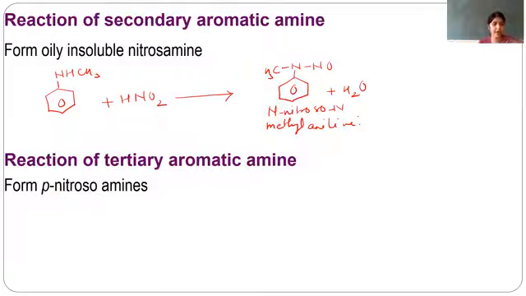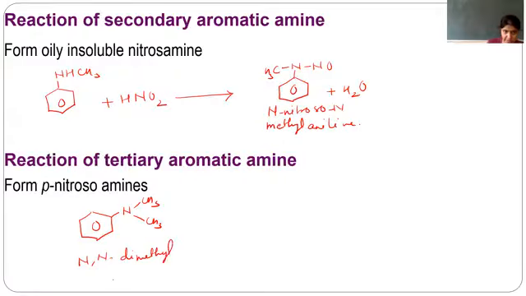This compound is formed. Similarly, reaction of tertiary aromatic amines. Tertiary aromatic amines like N,N-dimethylaniline. This is a tertiary amine. When N,N-dimethylaniline reacts with nitrous acid, it is converted into a nitroso compound, and the nitrosation reaction occurs at the para position of the tertiary amino group.